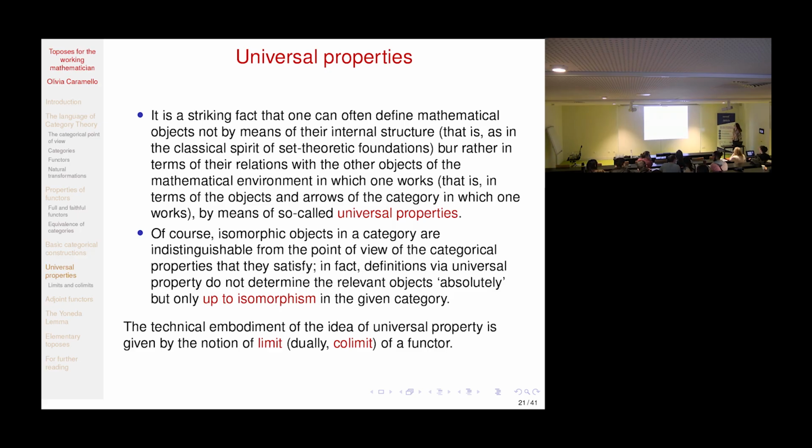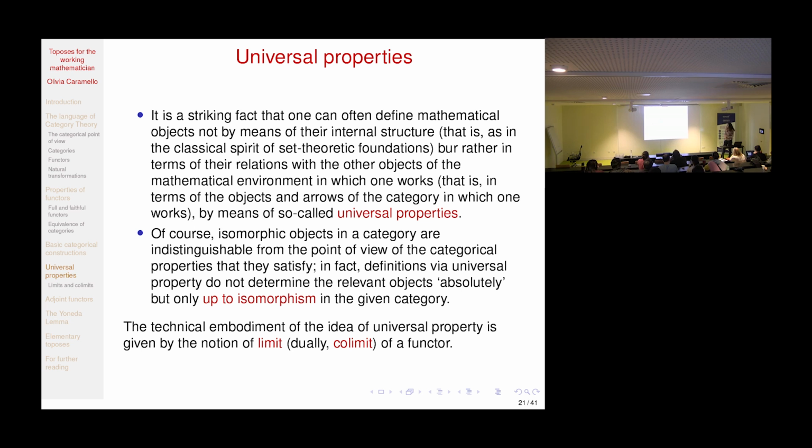So I will resume from where we stopped the last time on the fundamental concept of universal property, which is actually the key concept of category theory. Let's recall that category theory introduces a new paradigm for thinking about mathematics, which is based on a relational approach to mathematical structures.